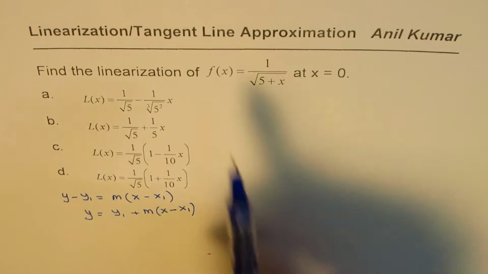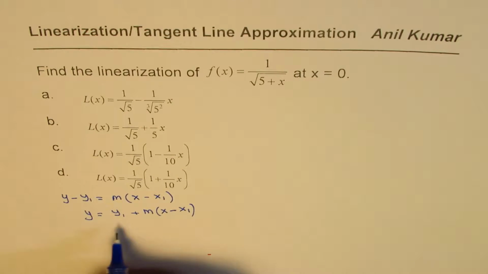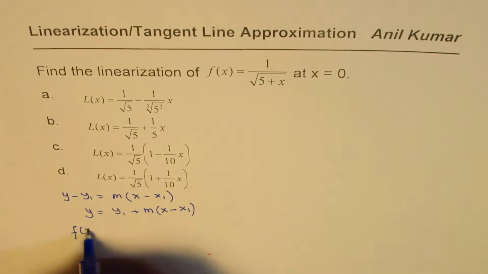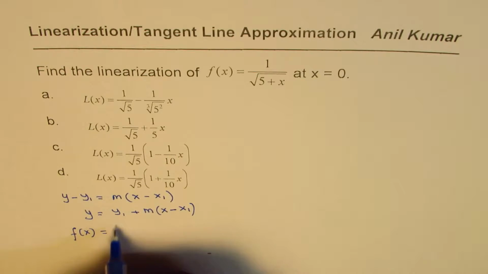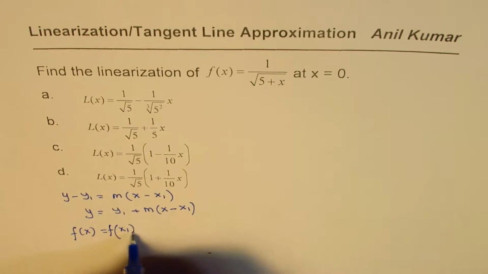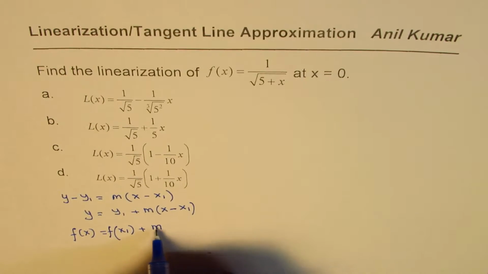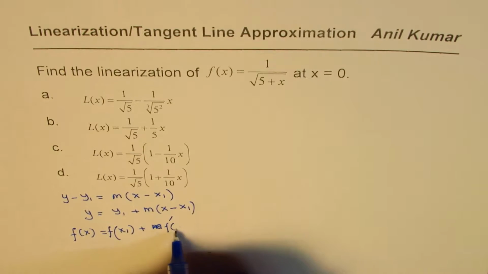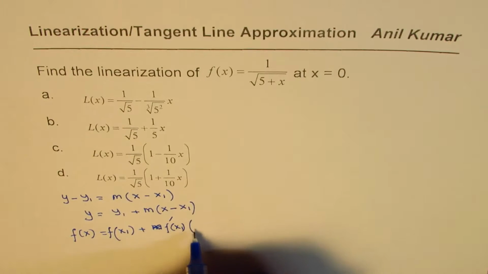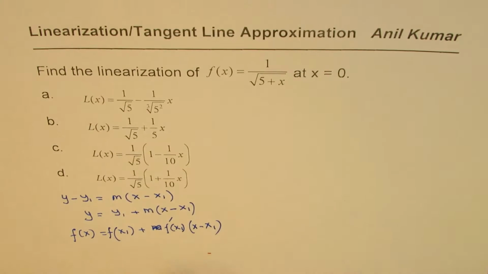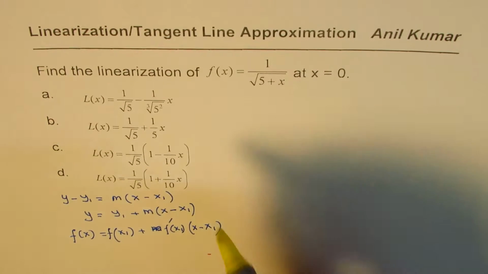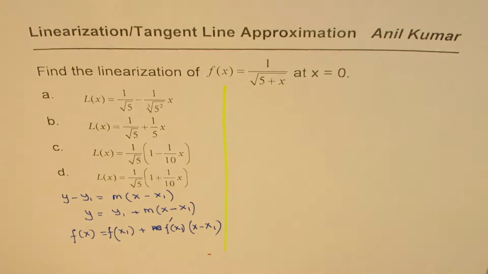In function notation, we can write this as f of x equals f of x1 plus m, which is f dash of x1, times x minus x1. So we'll use this formula to find which option matches.